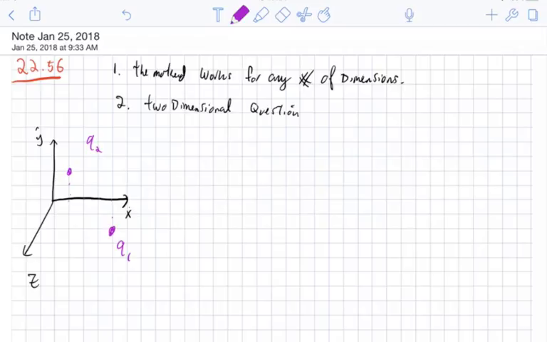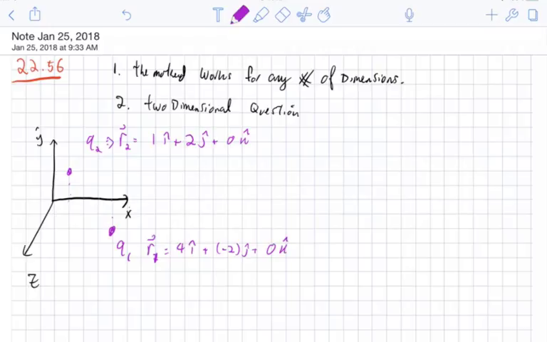Because they both have no z component, I can write their position vectors as: this one is 1 meter i hat plus 2 meters j hat plus 0 meters k hat, and our other one is at 4 meters i hat plus minus 2 meters j hat plus 0 meters k hat.